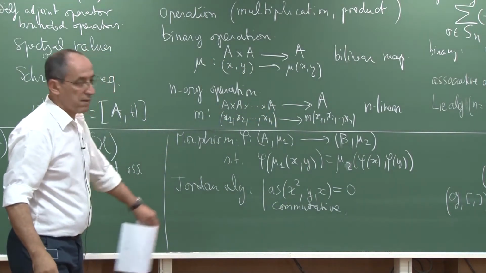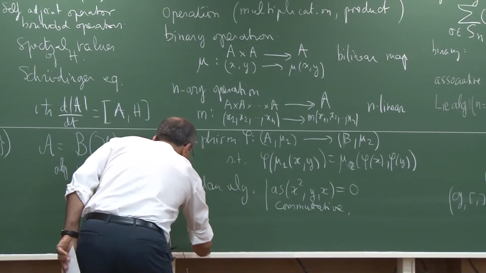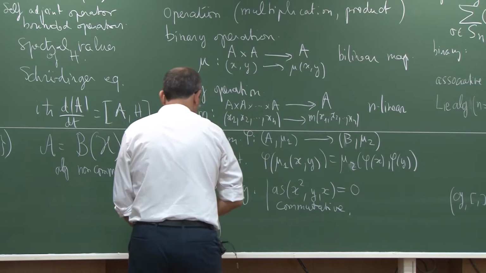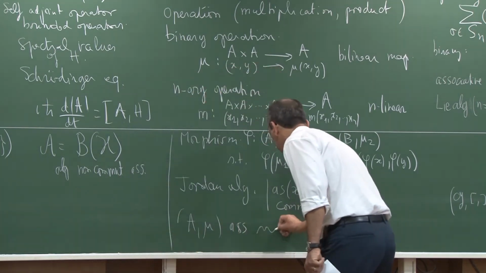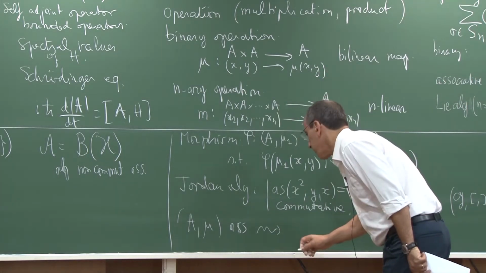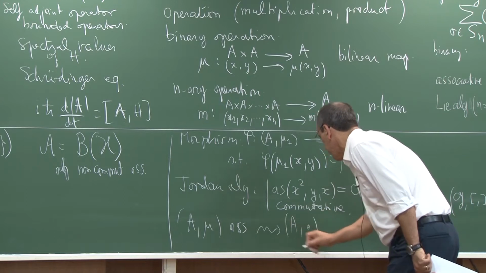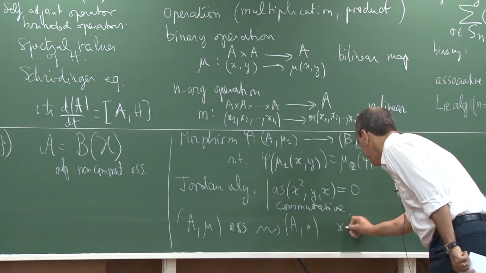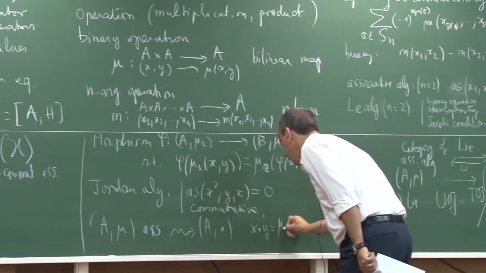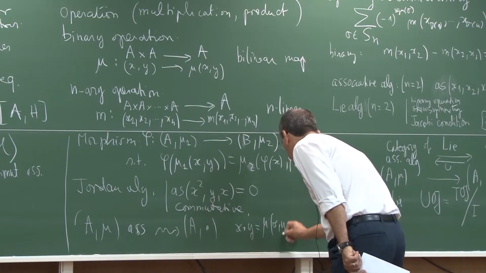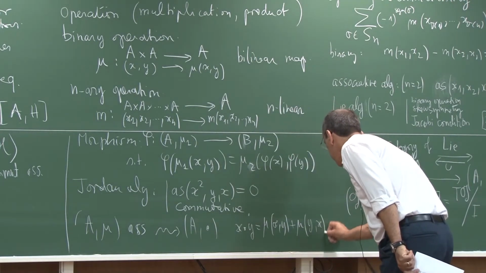From an associative algebra (A, mu), you can obtain an algebra A with a multiplication called dot, where x dot y is defined by mu of x y plus mu of y x.